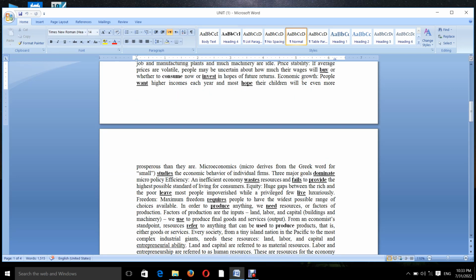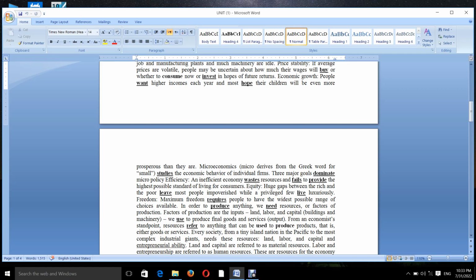Microeconomics derives from the Greek word for small. It studies the economic behavior of individual firms. Three major goals dominate micro policy: efficiency. An inefficient economy wastes resources and fails to provide the highest possible standard of living for consumers.